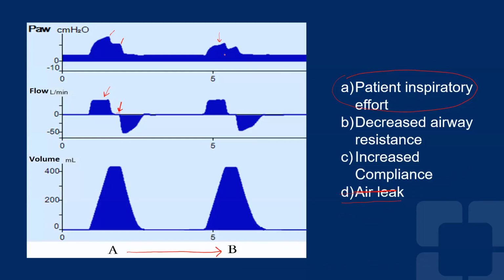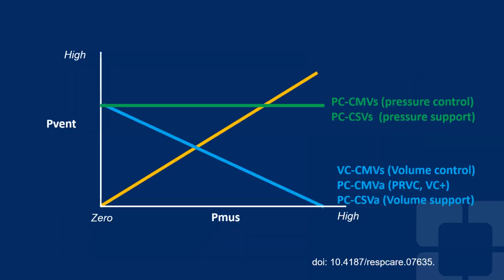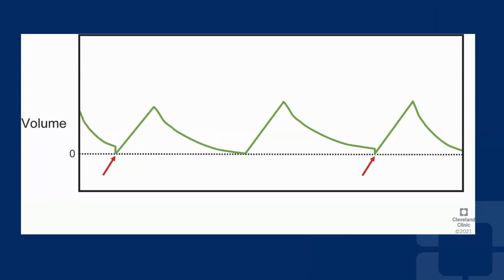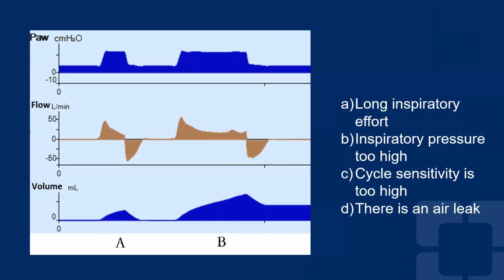So there's a difference between the inhaled and the exhaled. And so this is classic for the presence of an air leak, and the air leak is actually present during inspiration and during exhalation.